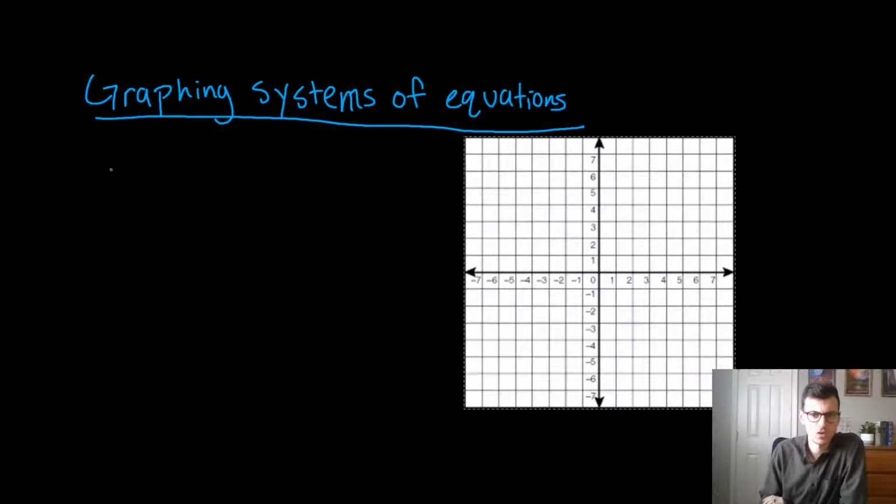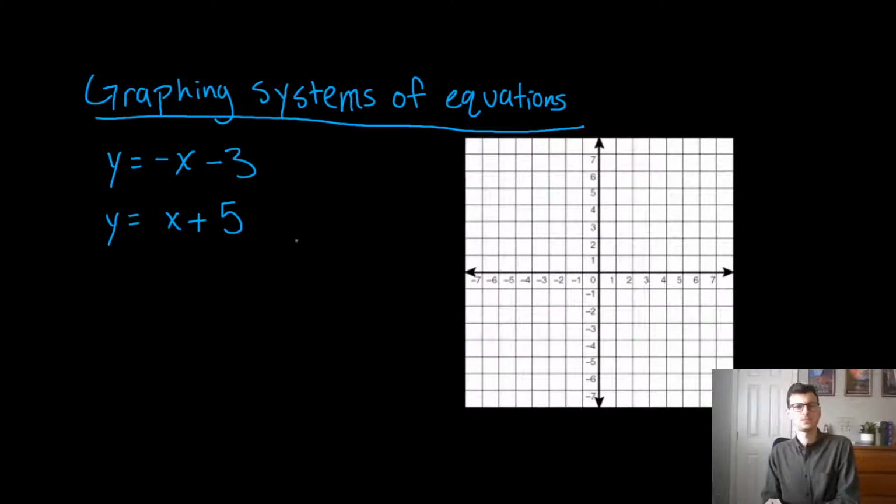I'm just going to write two equations in slope-intercept form. y equals negative x minus 3, and y equals x plus 5. Why not? Okay, so negative x minus 3, let's use red to talk about that, and we'll use orange to talk about x plus 5.